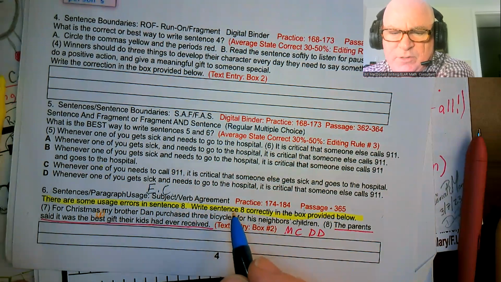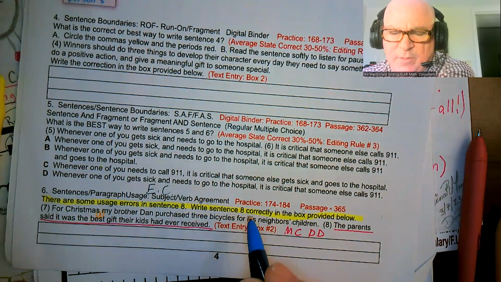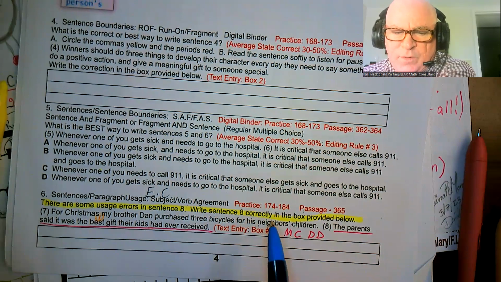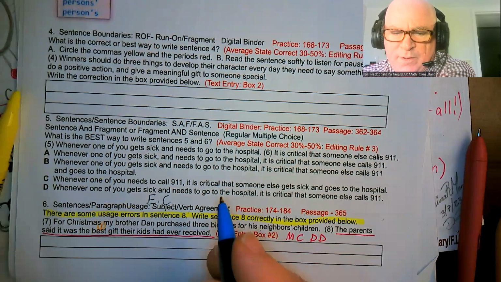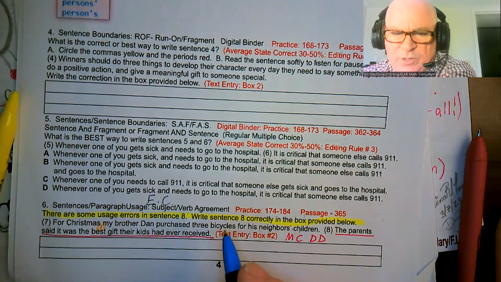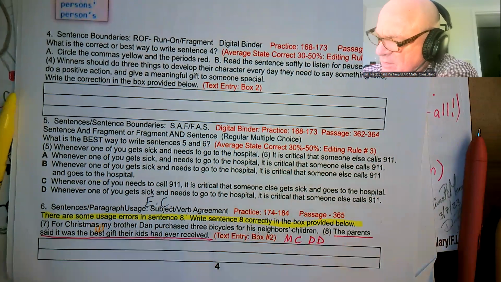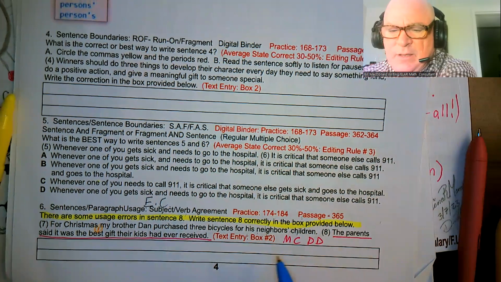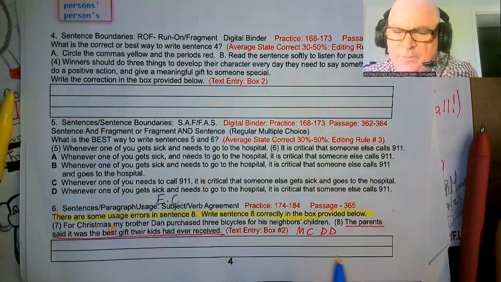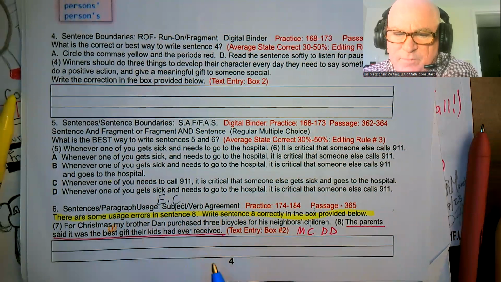Okay. And even though it says write sentence 8 correctly in the box below, this is for when you want to practice open-ended conventions, which I'll show you in my next video. But I think it's important that we kind of see that it's either going to be in multiple choice format for editing, MC, or it would be in drop down format. And so since I did say some errors, it means that there's going to be more than one.